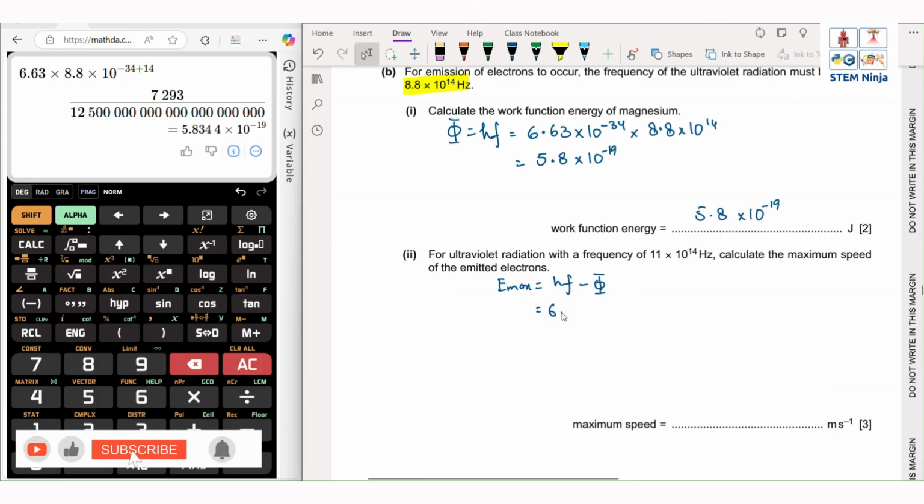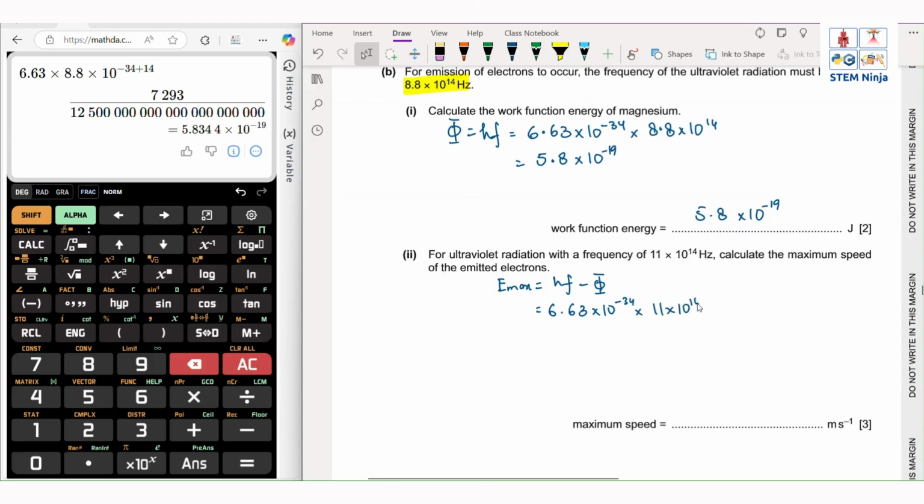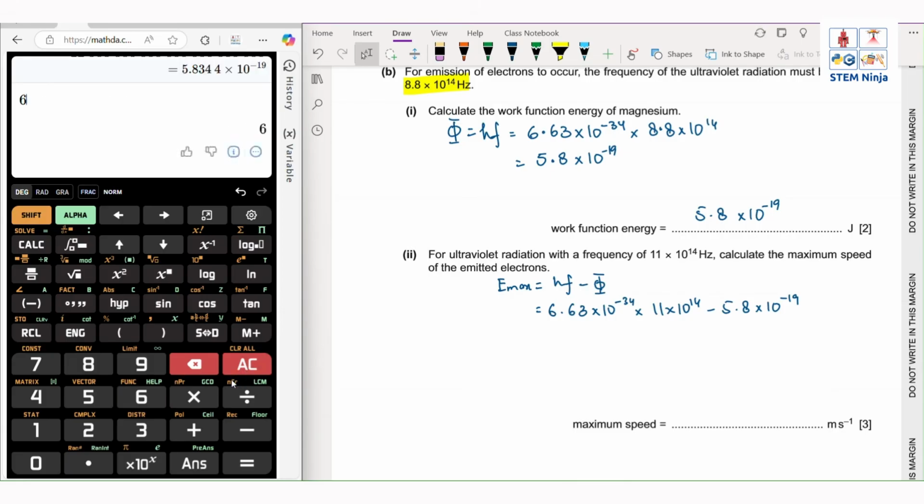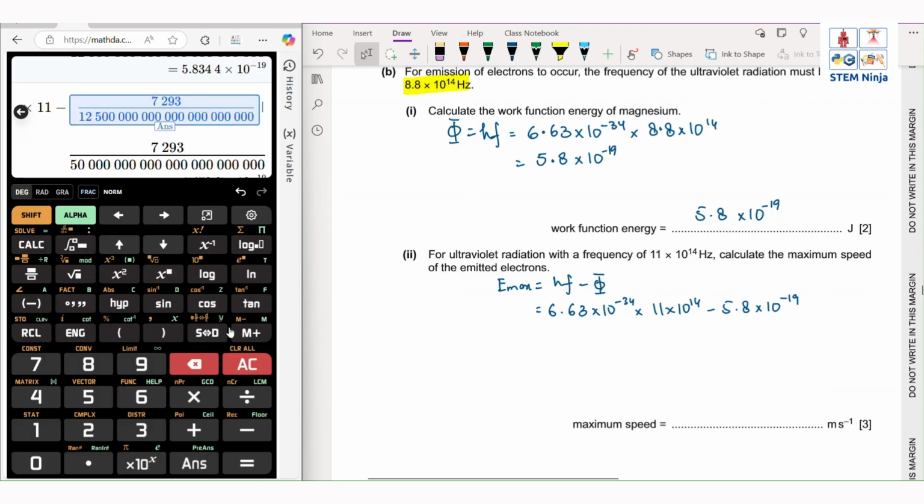So first off, we need to find this: 6.63 × 10^-34 times 11 × 10^14 minus 5.8 × 10^-19. Okay, so that's what we need. We have this.